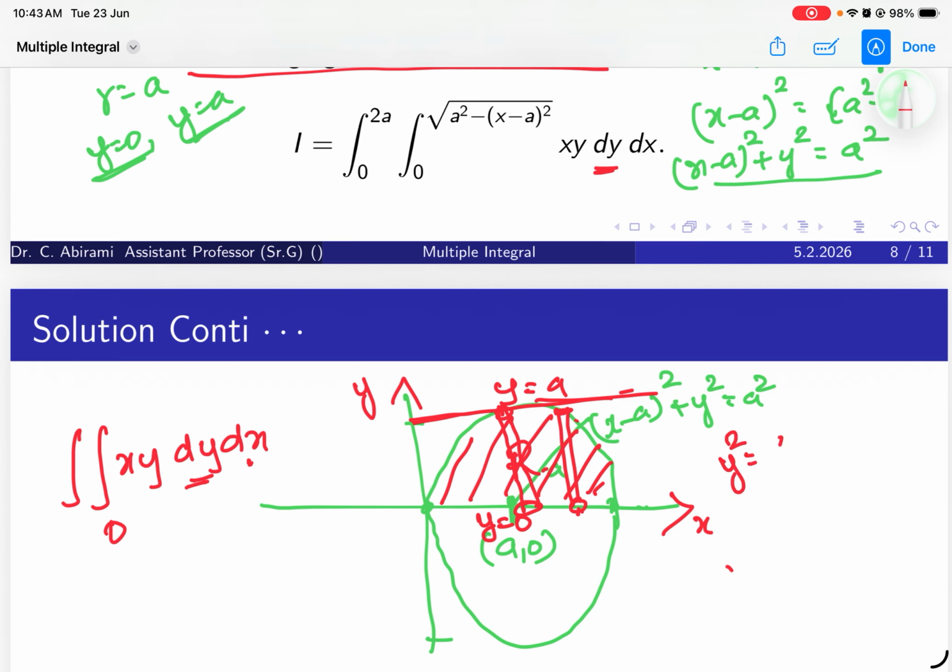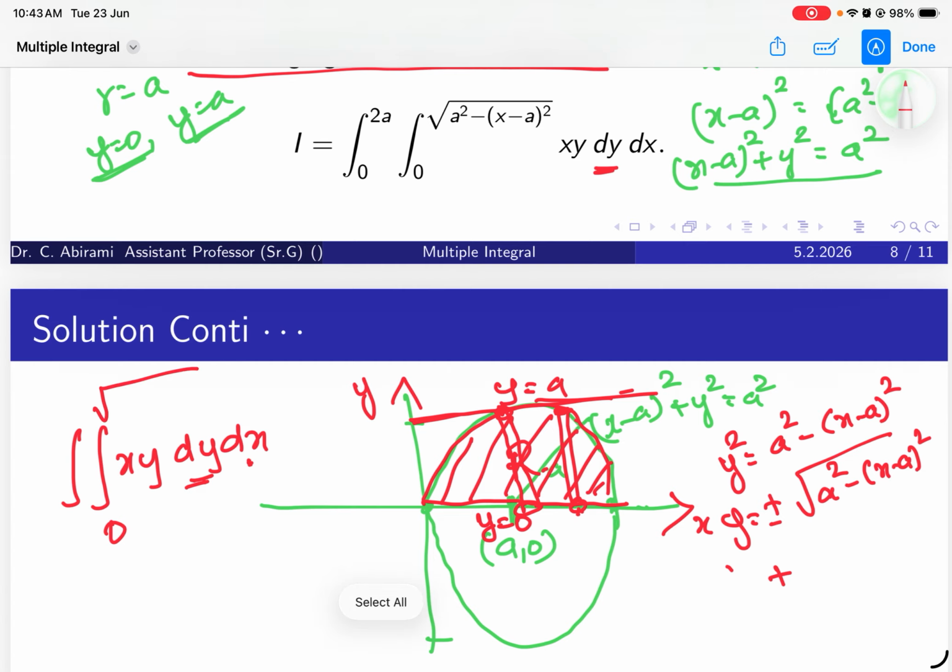y squared is equal to a squared minus (x minus a) whole squared. y is equal to plus or minus square root of a squared minus (x minus a) whole squared. Here I can consider only the positive root because the region lies only in the first quadrant. So square root of a squared minus (x minus a) whole squared.